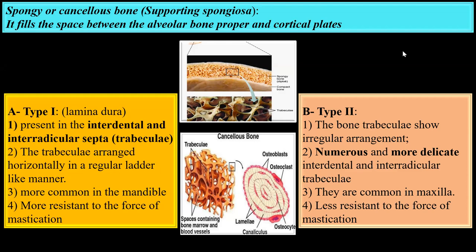You can appreciate this very well in the radiographs too. They're more common in the mandible, and they're more resistant to the force of mastication. Whereas in type 2, the bone trabeculae show an irregular arrangement, with numerous and more delicate interdental and interradicular trabeculae. They're common in the maxilla, and they're less resistant to the force of mastication.